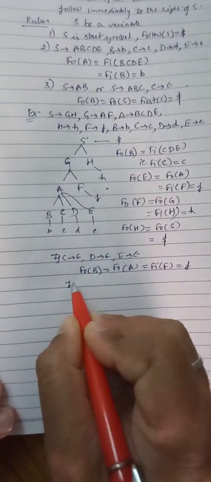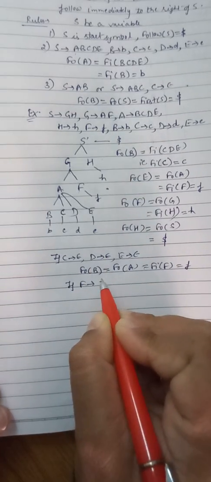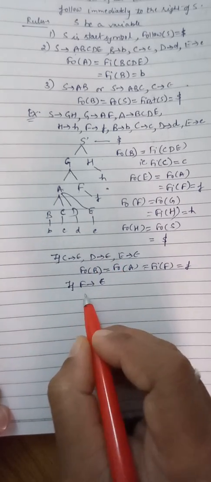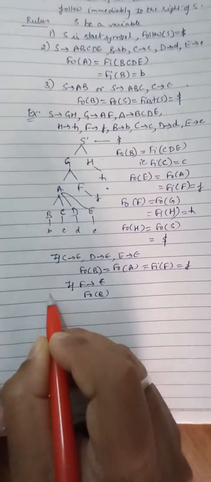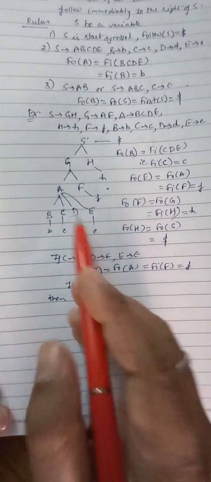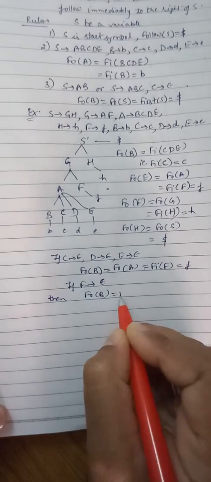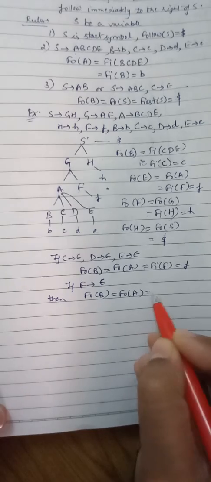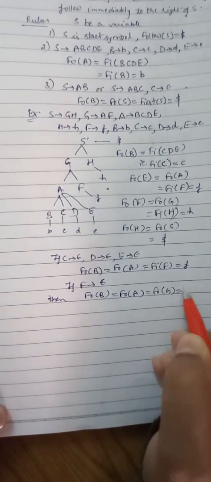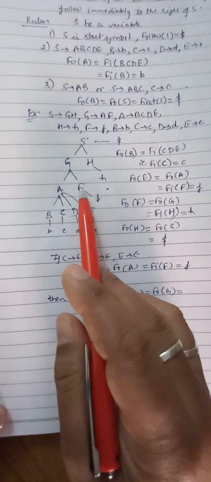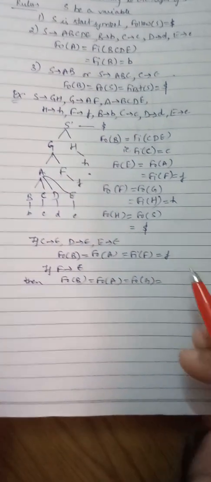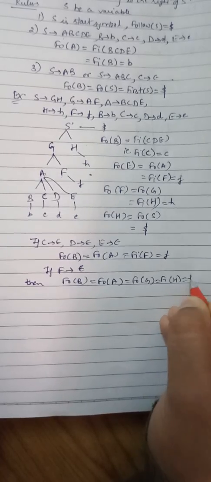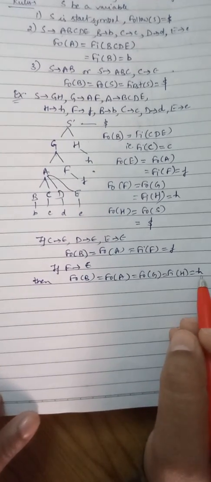And suppose F is also epsilon, then what will happen? Then follow of B reaches the follow of A, and because this is also epsilon, we go to the follow of G, then we calculate the first of H, that is lowercase h.